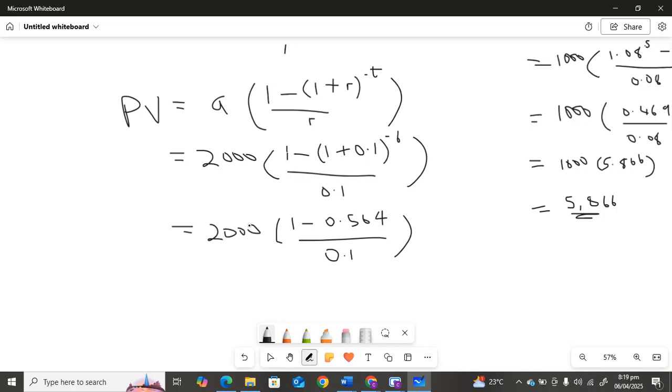Okay, so we do our calculations. 1 minus 0.564, that is 0.436. 0.436 divided by 0.1, that is 4.36.